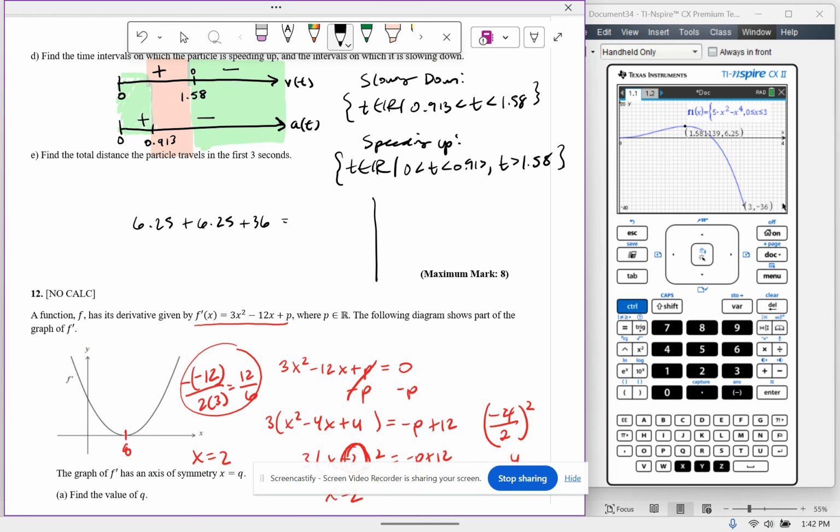And I'm just going to do my little sketch here so I can show what's going on. That's not at all in proportion. Hold on, let's do. There we go. Okay. All right, so I would add those all together and I would get 48.5. Okay, so that's kind of everything for kinematics. Bye.